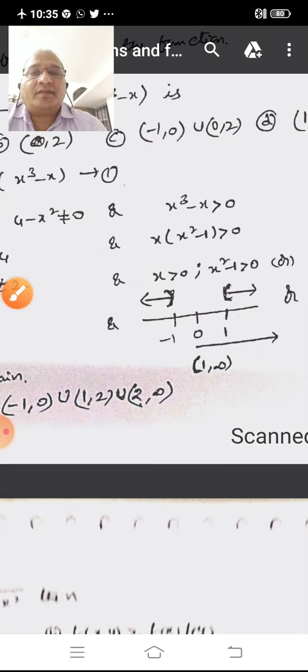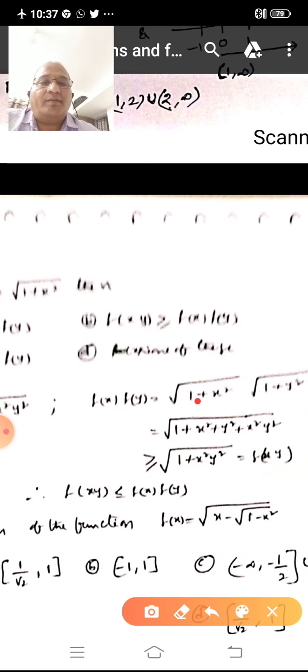See here, I take f of xy, then in place of x I replace x square y square, and you will get root of 1 plus x square y square. In the same way, f of x into f of y is root of 1 plus x square, root of 1 plus y square. If you multiply, you will get it like this. See, x square y square and x square plus y square, this value is always positive.